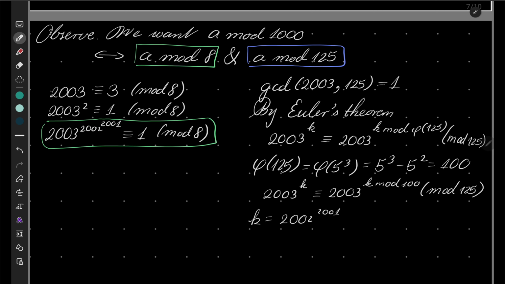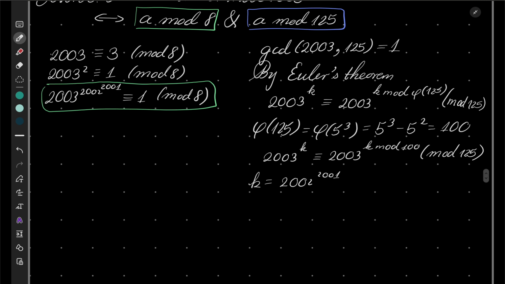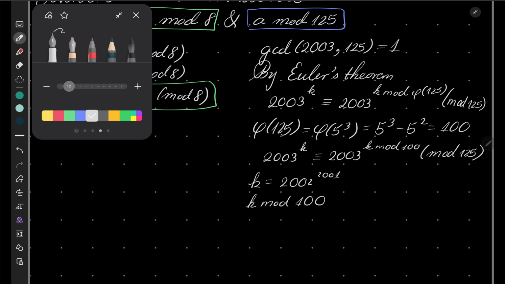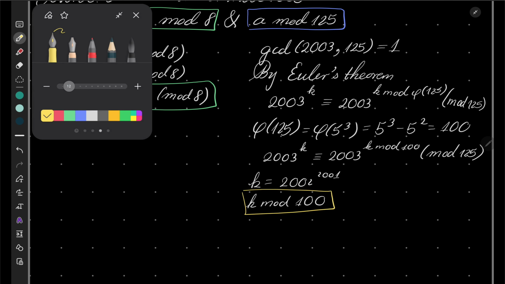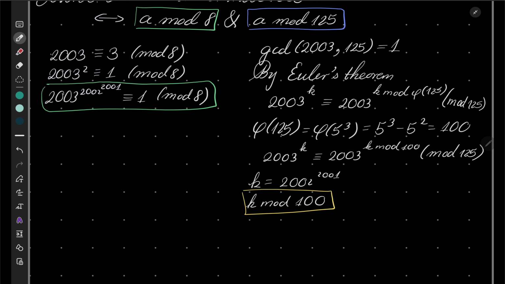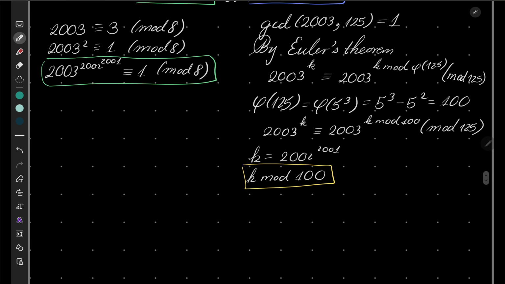And let's see, what can we do? We wish to find, as a side step, k modulo 100. Again, by the Chinese remainder theorem, we'll find k modulo 4, because 100 is 4 times 25.